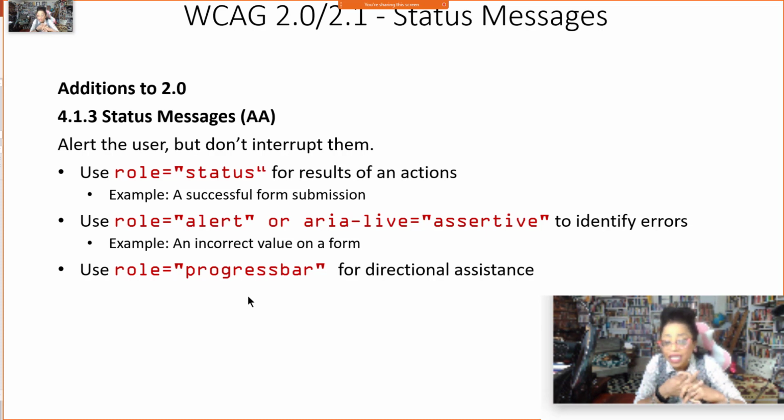The ARIA Live attribute makes it possible for AT to be notified when error messages are injected into a live region container. So this content within the ARIA Live region is automatically read by AT without AT having to focus on the place where the text is displayed.